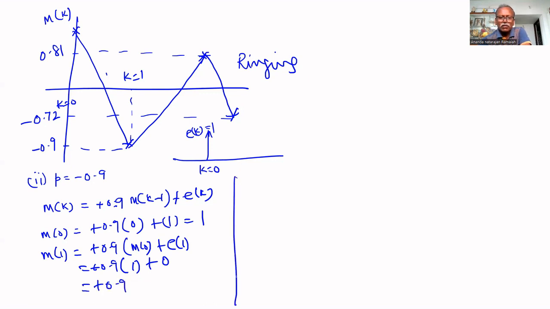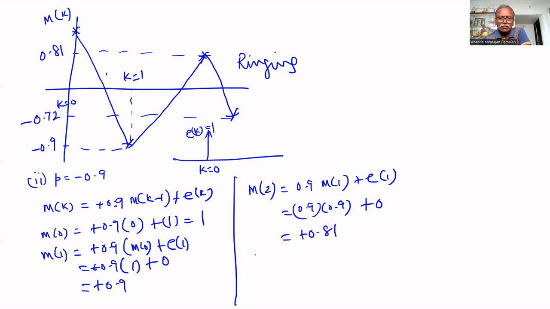M of 2 equals what? M of 2 equals 0.9 times M of 1 plus E of 1. That is equal to 0.9 multiplied by 0.9 plus 0, because error doesn't exist at all other sampling instances. That is equal to plus 0.81.